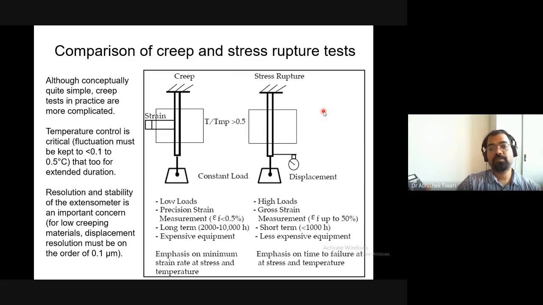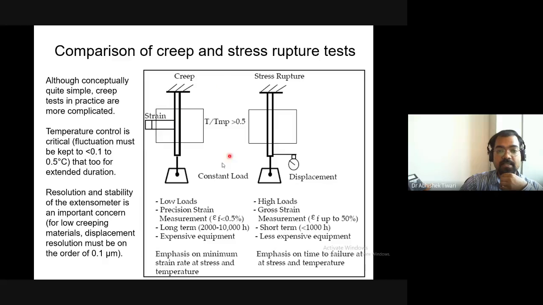So now if you look at the testing of creep, we have described this mechanism, but then there is another type of test, because a creep test will take a very long time if you want to do the test, okay?